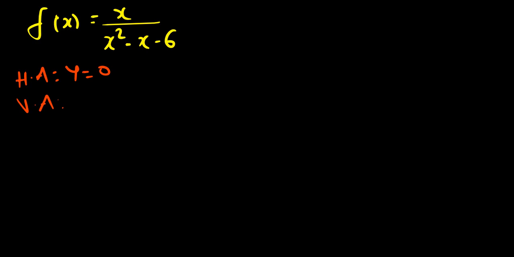We're going to equate our denominator to 0. So we have x squared minus x minus 6 equals 0. I think this one we can solve using the product and the sum method.